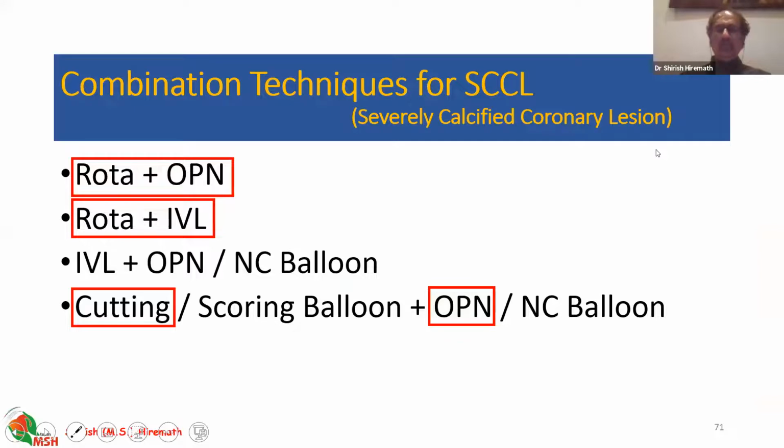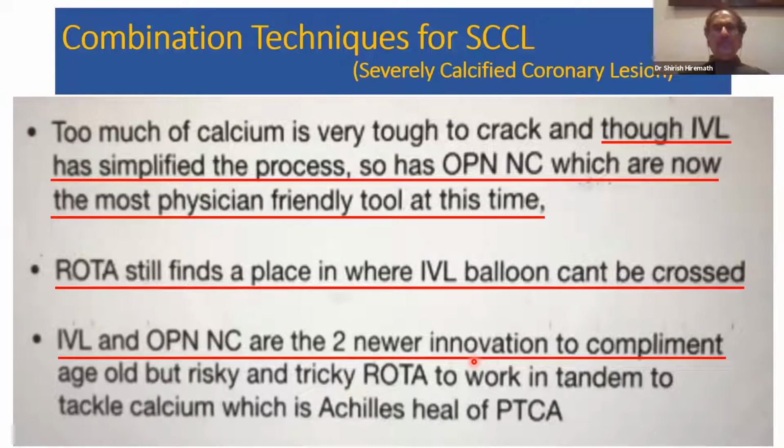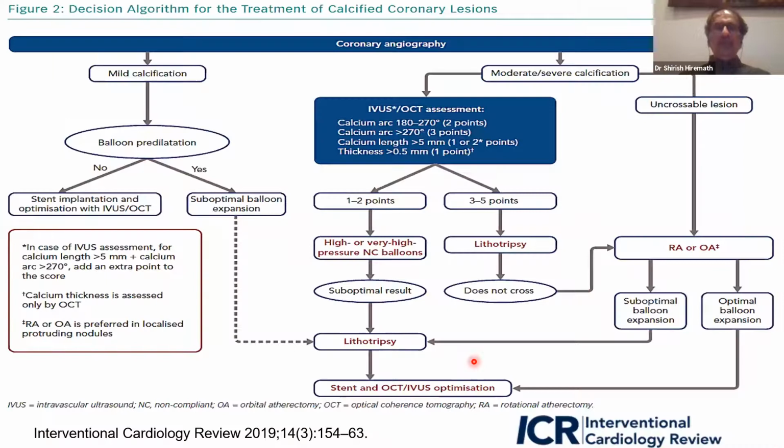And then you can choose a lot of these combinations: rota with a high pressure OPN balloon, rota with a lithotripsy balloon for deep-seated calcification, a cutting balloon plus a high pressure OPN balloon, and so on. So this combination makes things easy for you. These are various algorithms.